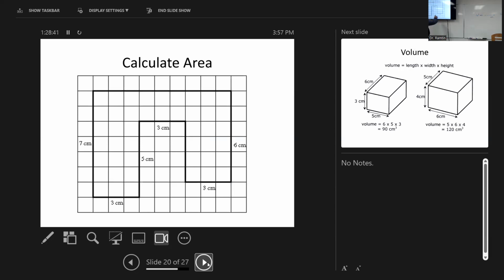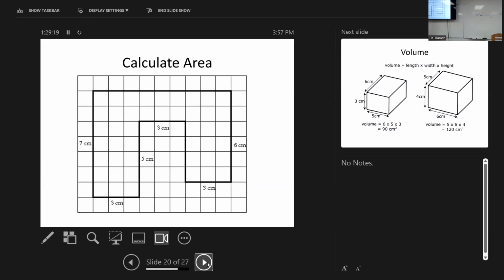Here is 3 centimeter, 3 and 3, so this line is 9. And I need to know this area. I know this is 5, this is 7, so this tells me it's 2.